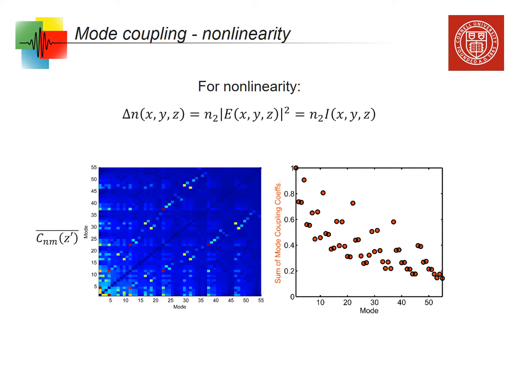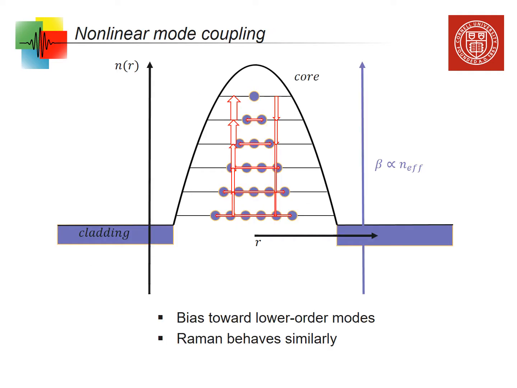And there's a lot of interesting details to be extracted from this, but what I want to emphasize right now is just that the magnitude of these coupling coefficients increases as we go from low to higher order modes. In other words, if we apply this directed network onto what we were looking at before, which is the modes in the fiber, we see that there is a bias of energy going towards the lower order modes. And very importantly, this is exactly how Raman behaves as well.